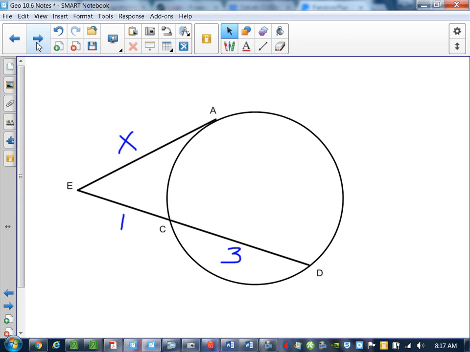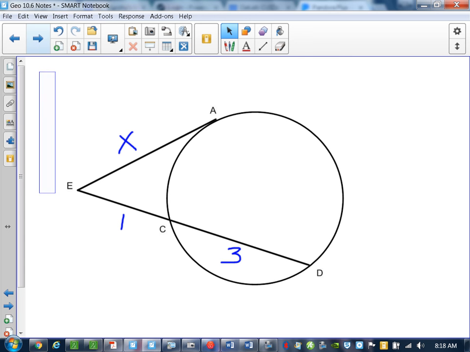So let's look at an example. We have an outside and a whole, and we have a tangent. Which one of those is the tangent segment? Yeah, the x.